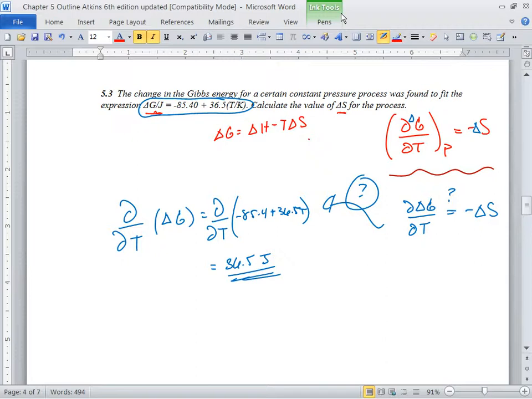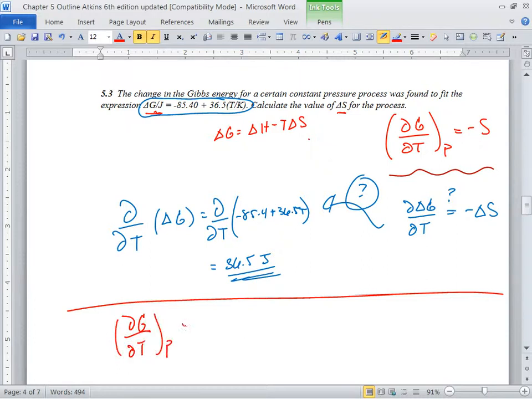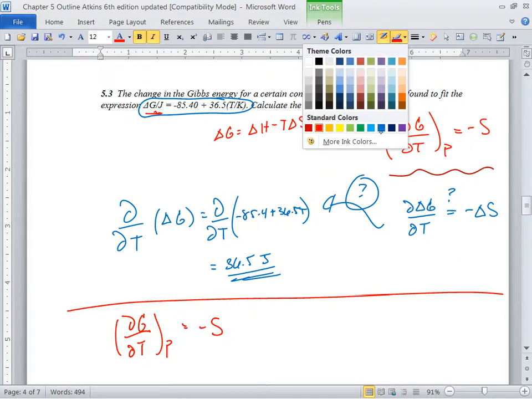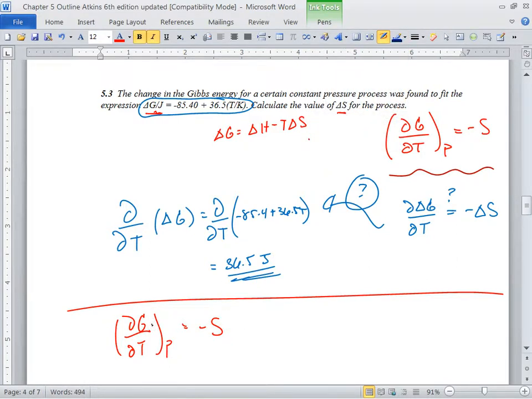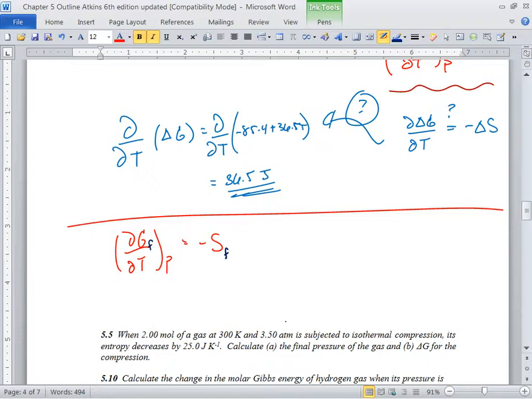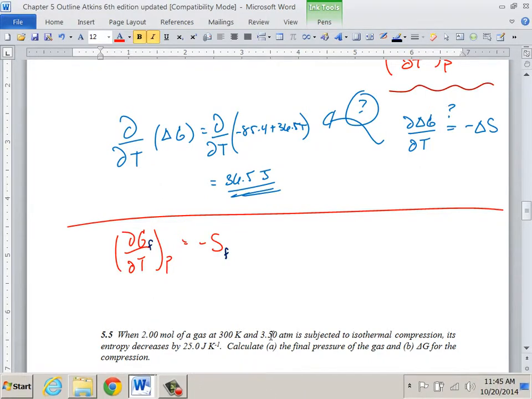So if we erase these, now I can start over. If I put a little F here and a little F there, that part should make sense, right? There's really no argument there.